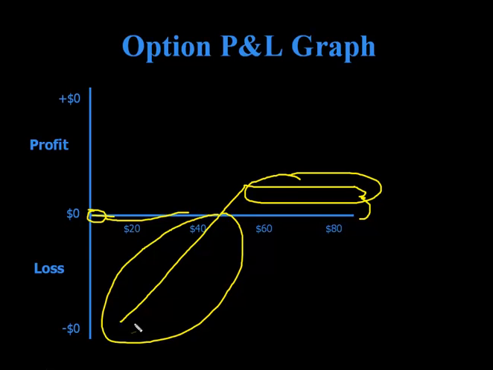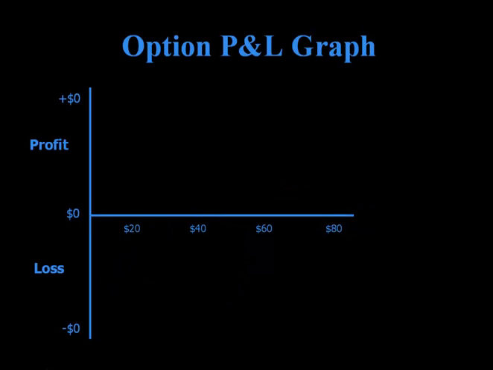So with short positions, you have unlimited liability, and profits, you're limited. But we'll look at some option strategies where that kind of scenario makes sense. With long strategies, you're limited as to what you can lose, basically to the cost of the contract, but you're unlimited as to the profits that you can make.